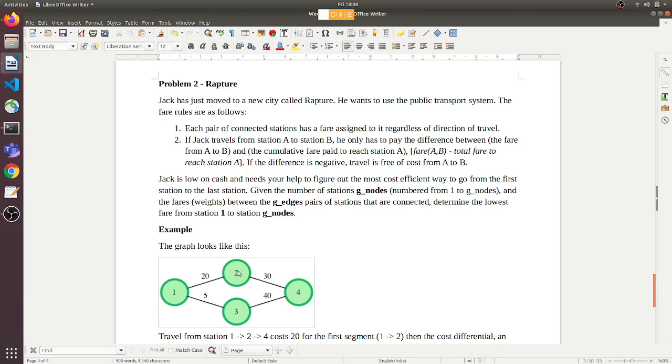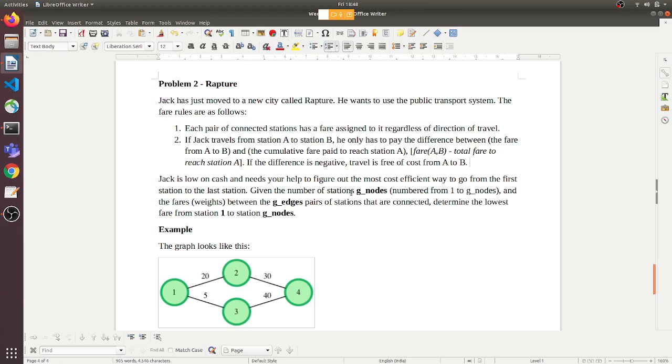That becomes negative. 10 minus 20 is minus 10. So then Jack does not need to pay anything for the edge 2 to 4. And he can reach node 4 in only 20 units, which he paid for edge 1 to 2. Now Jack is low on cash and needs your help to figure out the most cost efficient way to go from the first station to the last station.